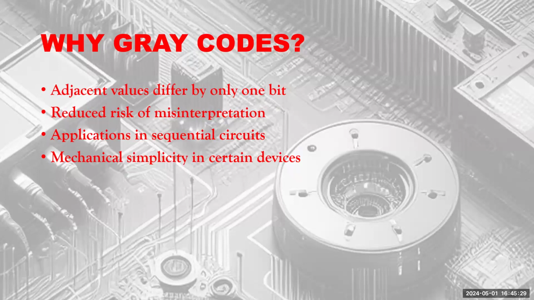Because of this only one bit change in gray codes at a time, it makes it easier to determine the correct position. This is why we find gray code applications more in digital electronics.